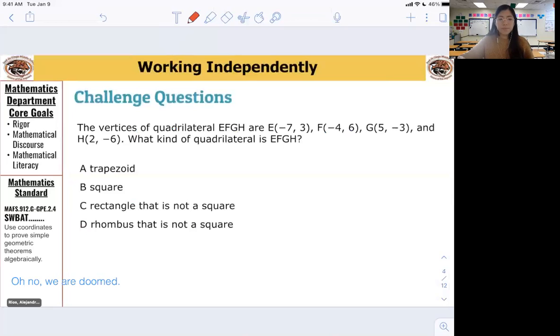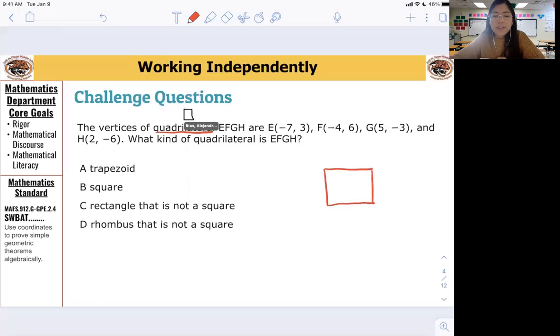What we can do, anytime you have a problem like this one that doesn't have a graph or a picture, we know we're dealing with a quadrilateral, right? So something that we can do is just begin by making a little picture in your notebook of a quadrilateral. Doesn't have to be anything fancy, just put a square or a rectangle and label it with the correct labels.